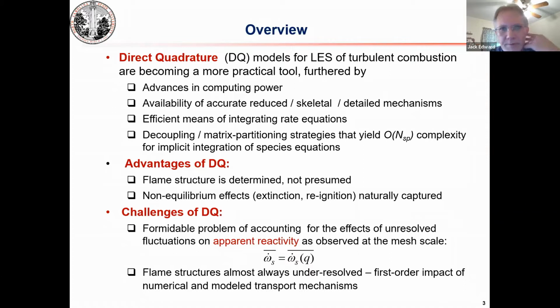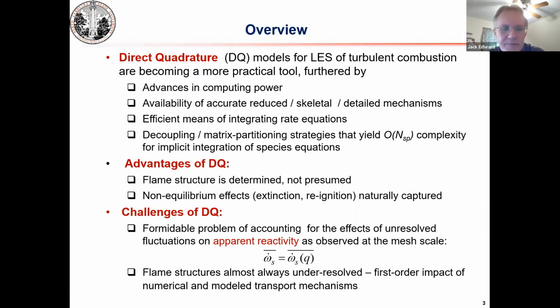And over the years, people have developed very efficient ways of integrating rate equations, as well as strategies that can reduce the expense of direct quadrature for implicit methods. And the point about a DQ method, a finite rate chemistry type approach, is that the flame structure doesn't have to be predetermined. It will evolve as part of the calculation. And because of that, you can get the non-equilibrium effects more precisely, which is extinction, reignition, et cetera.